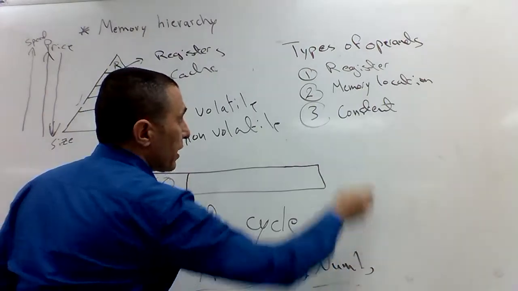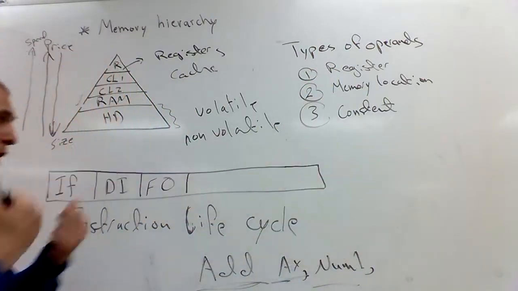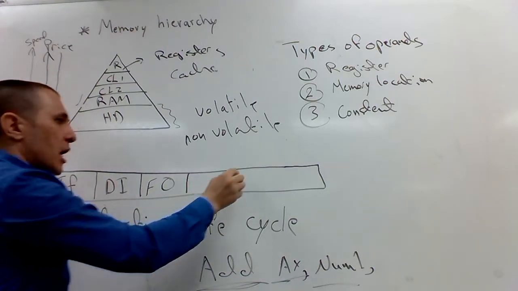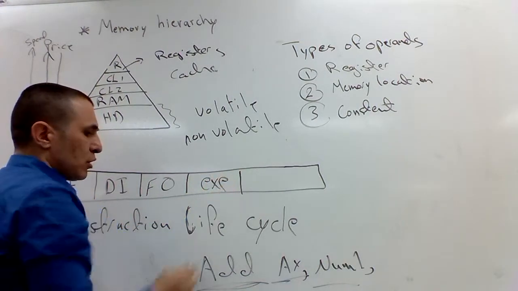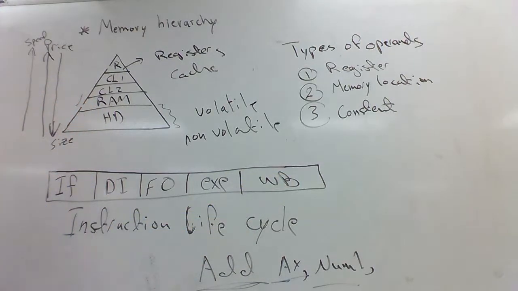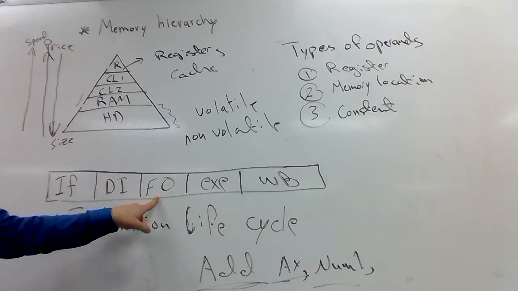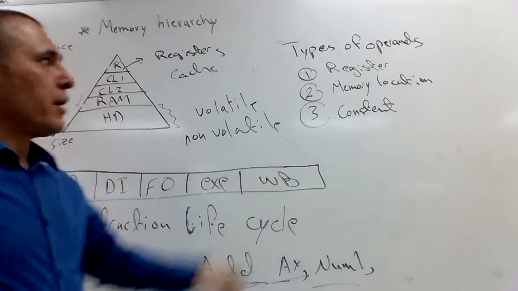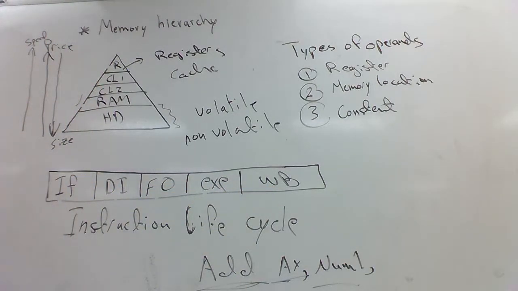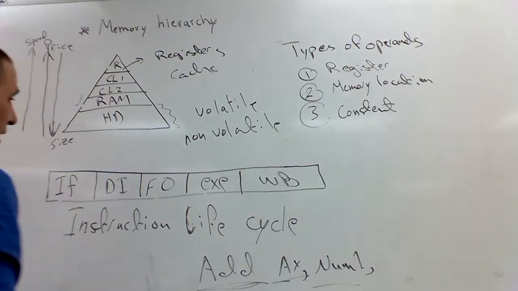If I have operands, those are types of operand. Fetch the AX and num1. Then execute the instruction. Do the add operation. Then write back to memory. This is the instruction life cycle. Remember, instruction fetch, instruction decode, fetch the operand, execute, and write back. It's really good to know it in detail.